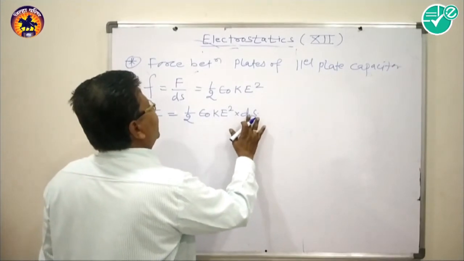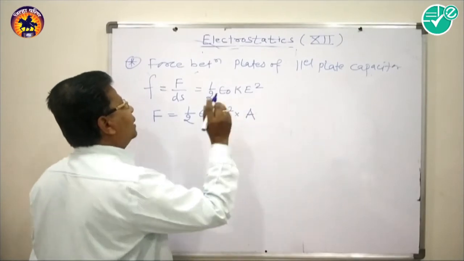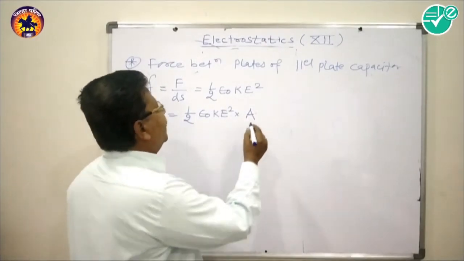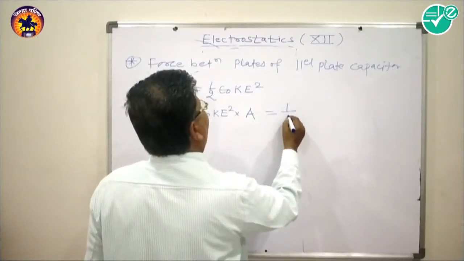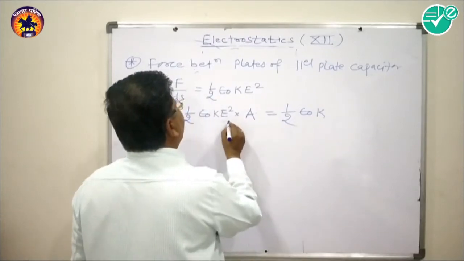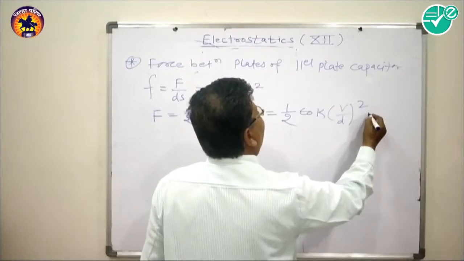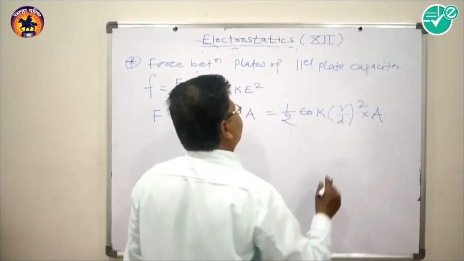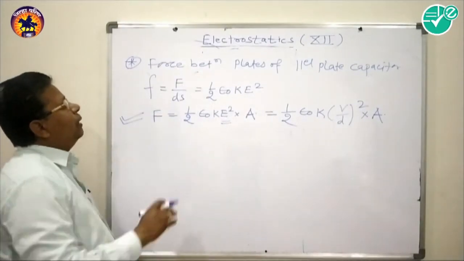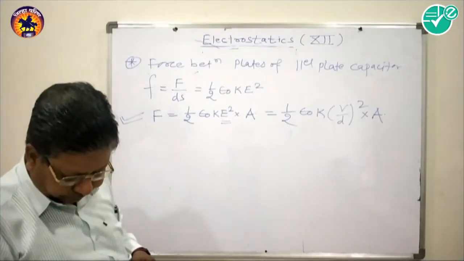Or instead of area dS, here we write the area A of either plate of the capacitor. And again this formula can be written, with E equal to V by D, as 1 by 2 epsilon 0 K, bracket V by D square, into area A. So this is one of the forms of force between plates of a parallel plate capacitor.